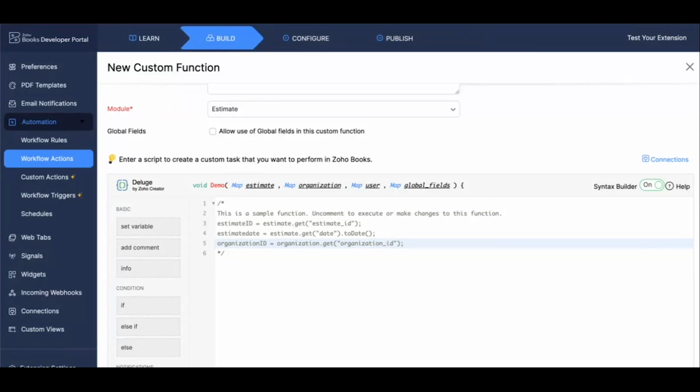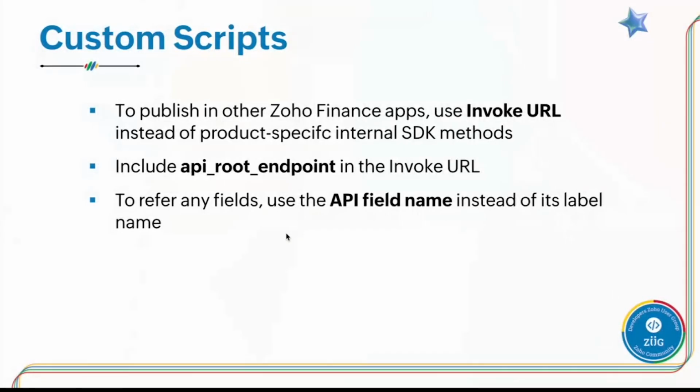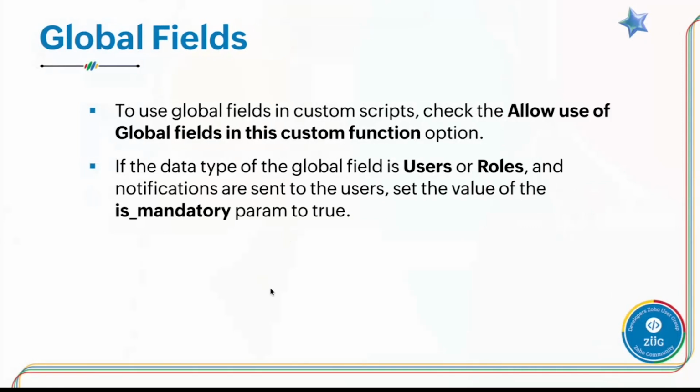Now I'll move back to my presentation, and we'll move to the next component, which is global fields. So whenever you are creating any global field in your extension, basically the global fields are used to get information from the users, which can be utilized across the extension.